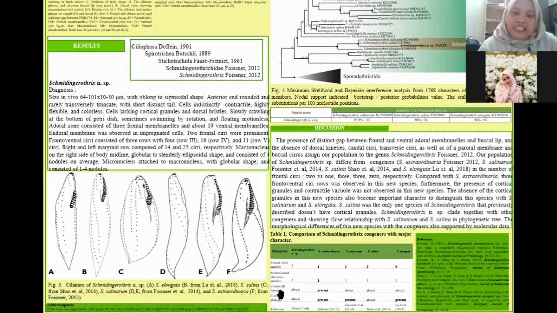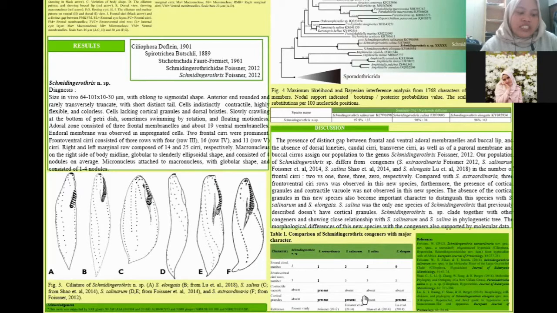And the other thing is the contractile vacuole. Only Schmidingerothrix extraordinaria has a contractile vacuole. For the cortical granules, our population doesn't have cortical granules, similar to Schmidingerothrix salina.